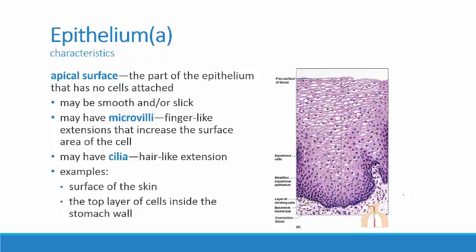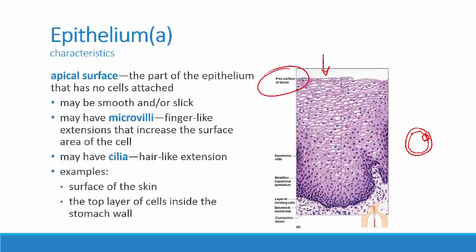So if this is a slice through the lining of the digestive system, so this is a slice through the lining of the pharynx and down into the esophagus. A hollow tube. And so we're looking at a little piece sliced right out of here. There we are. This is the apical surface, also known as the free surface.